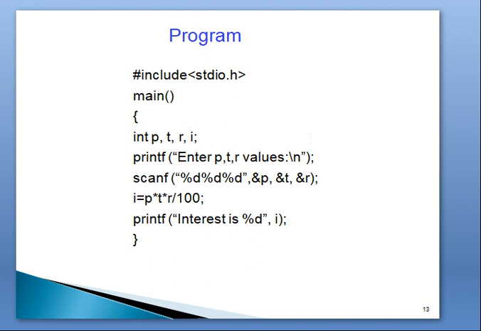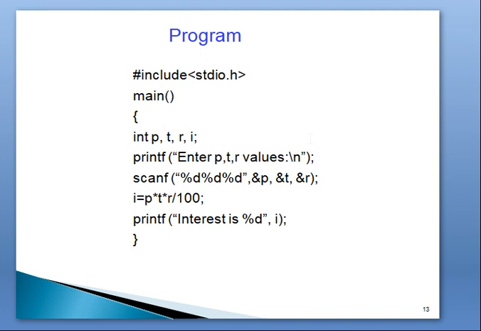After reading this data into the variables, the next instruction is I is equal to P star T star R division 100. This is the formula to find out simple interest. In the previous example also we used this formula. Same formula is used here. It calculates the simple interest and stores that simple interest in the I variable.